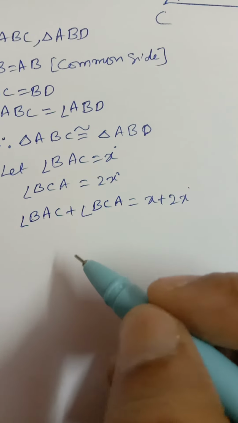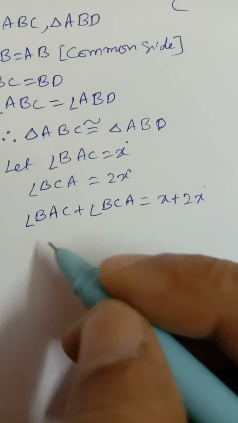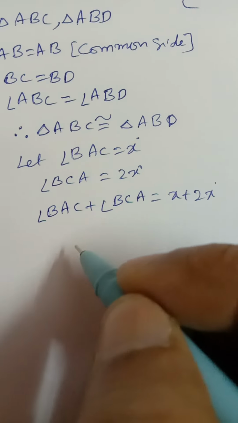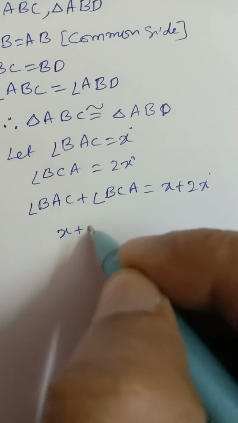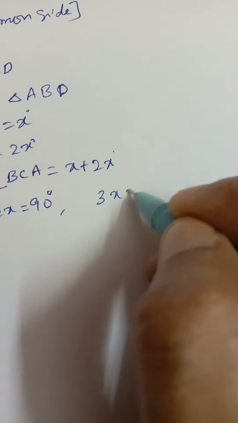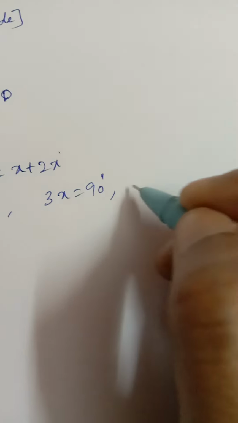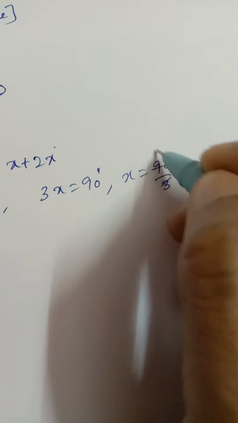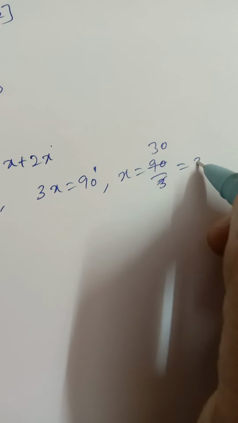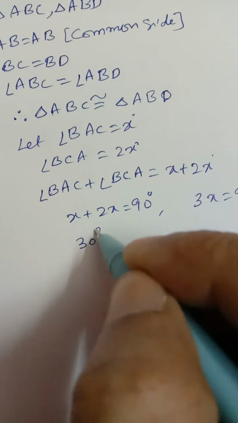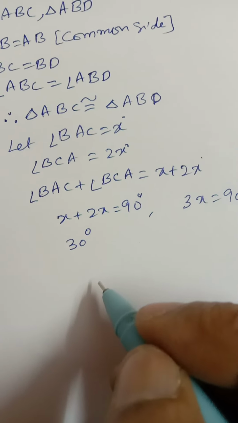Therefore angle BAC plus angle BCA is equal to x plus 2x, so x plus 2x is equal to 90 degrees. 3x is equal to 90 degrees, x is equal to 90 by 3, x is equal to 30 degrees.